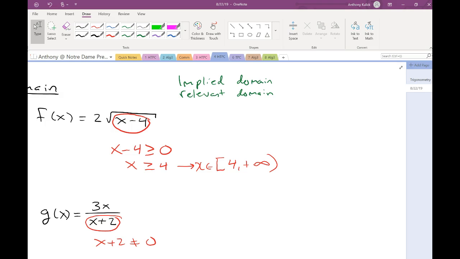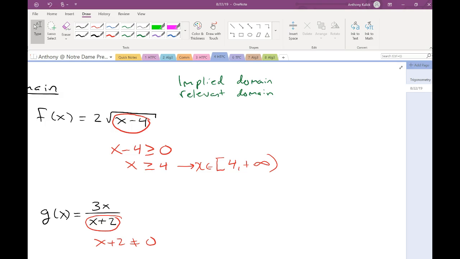I notice that the square root of 1 is 1, the square root of 2 is like 1.4, square root of 3 is like 1.7, square root of 4 is 2. So as those x's are increasing, the y is also increasing. Everybody kind of see that? So I know that this function is increasing throughout.